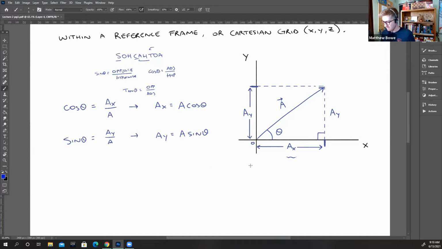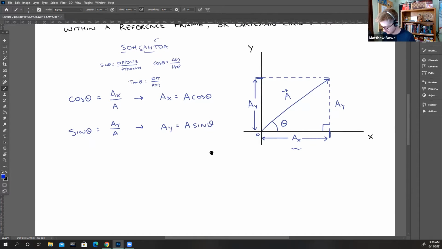Now, how do we find the angle? Maybe we're not given the angle theta. So we could find theta with, we could use any of these. We can also use tangent. That's the only one I haven't used yet.